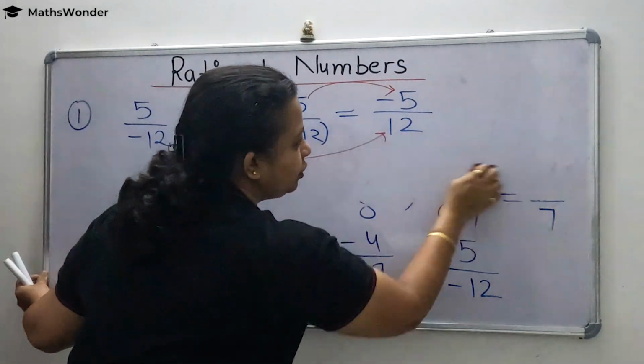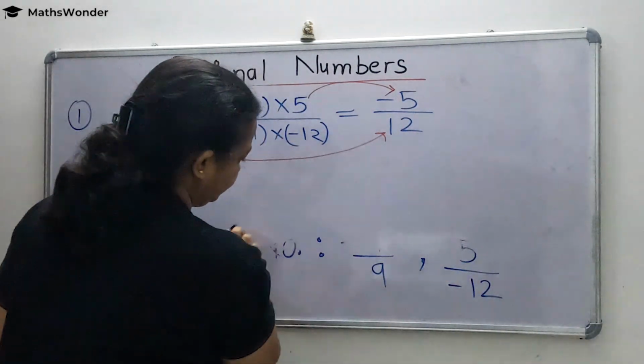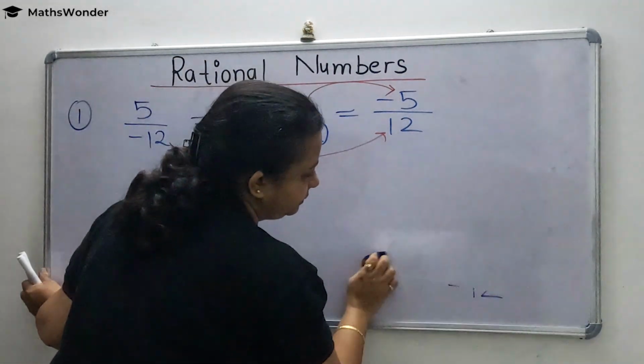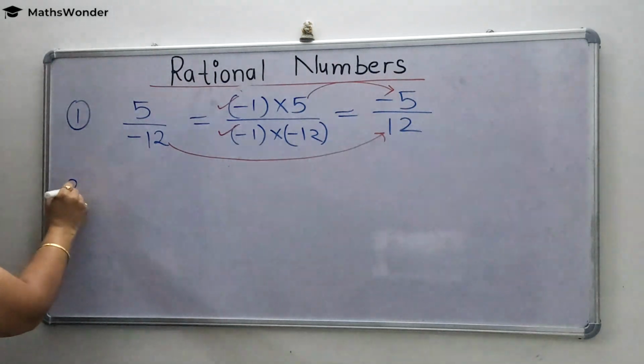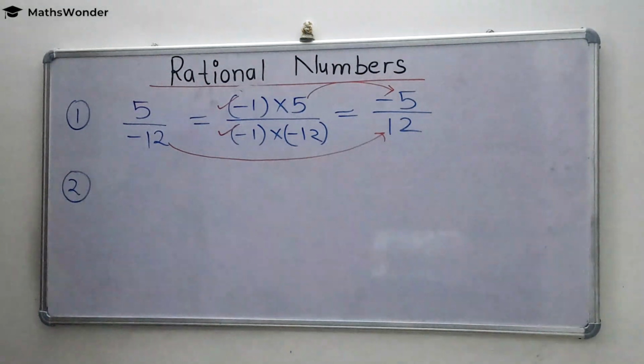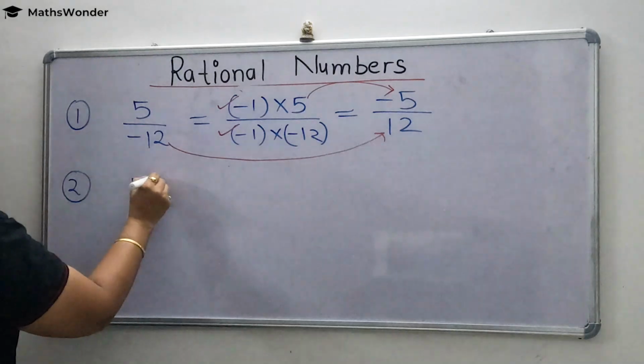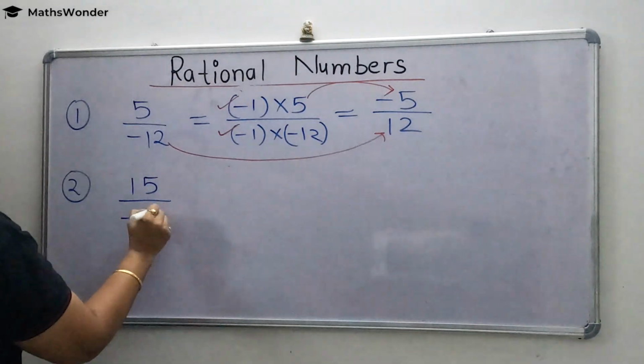Second property, do you remember? The second property was that a rational number or fraction must be in the lowest form or simplest form. Suppose 15 over -27.